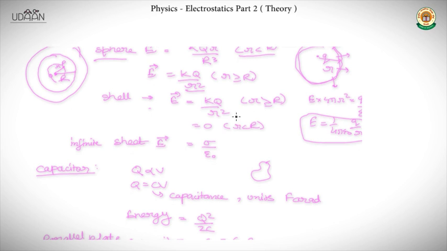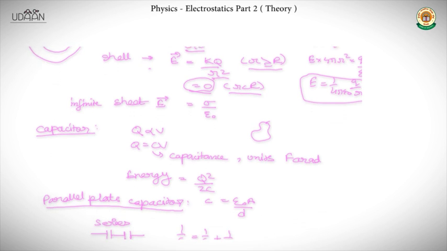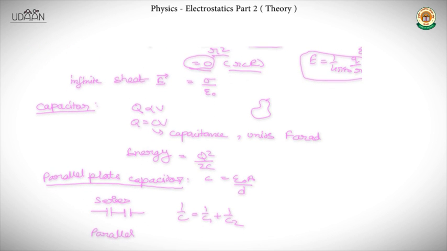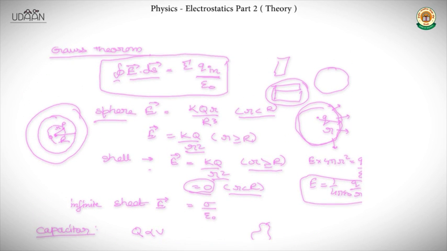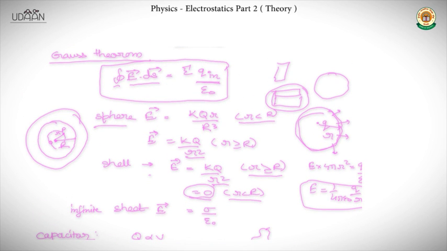For a shell, same thing. Since for the Gaussian surface, Q enclosed will be 0 when small r is less than capital R, E bar is equal to 0. And when it is greater than or equal to capital R, E bar is equal to KQ by r square, because total charge enclosed is Q, capital Q. So students, we gave you a brief idea of how to apply the Gauss theorem, so you can apply it in different areas, like in the case of non-conducting spheres.